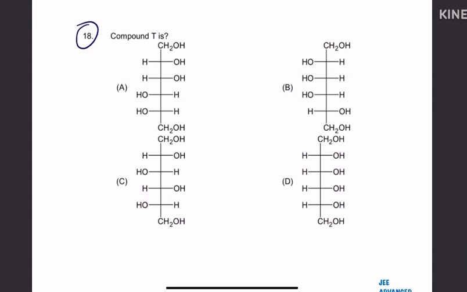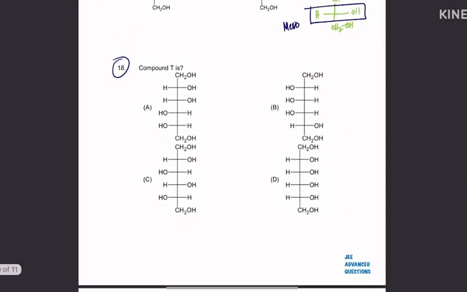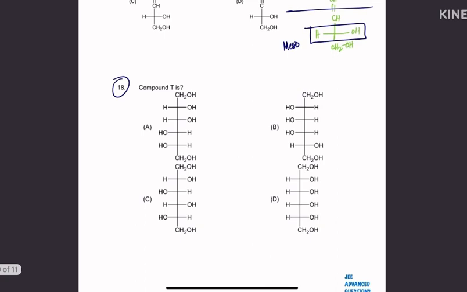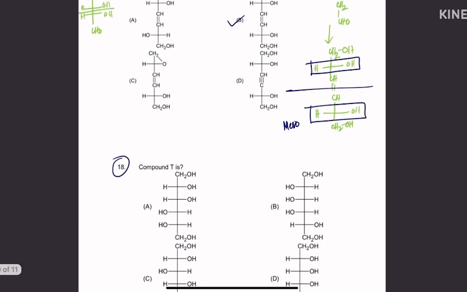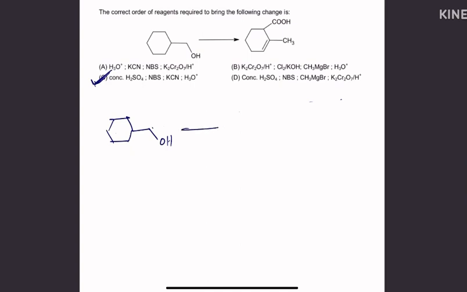C2 and C5 should have opposite. See, this is the alcohol, and if I give concentrated H2SO4, it will give this kind of carbocation.